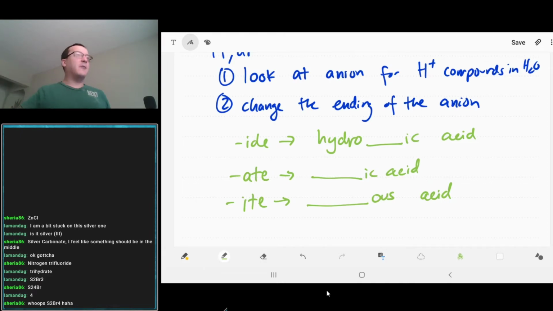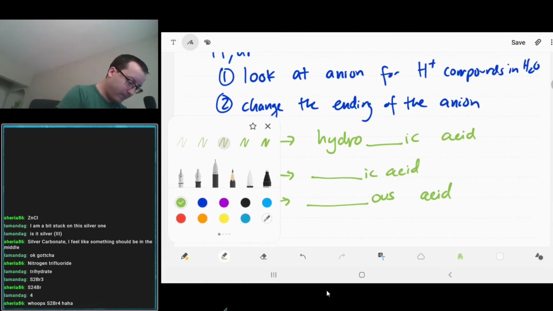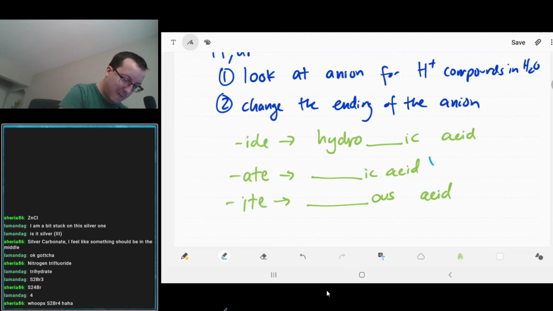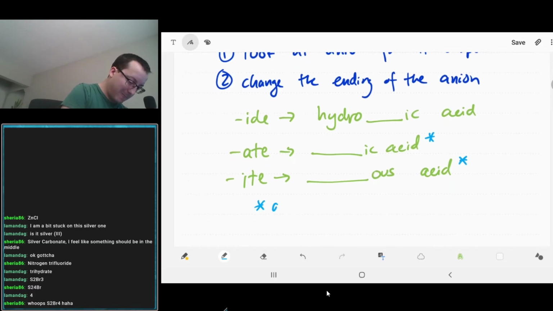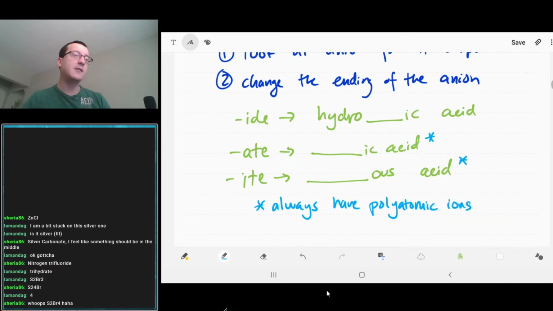So we look at what the anion is. Just so you know, I have one more thing for you to know, is that these guys always have polyatomic ions.